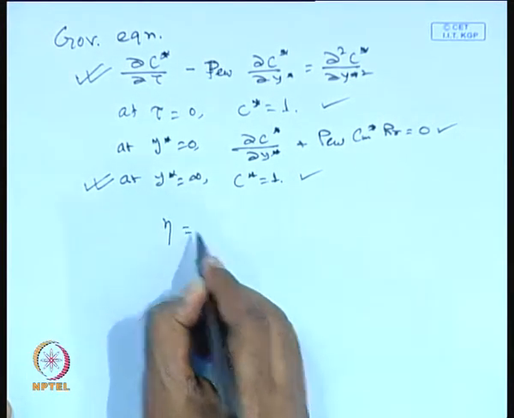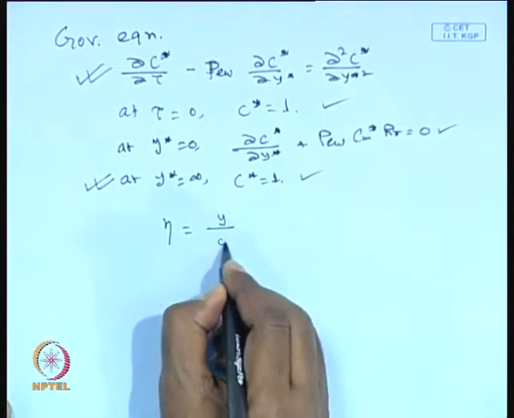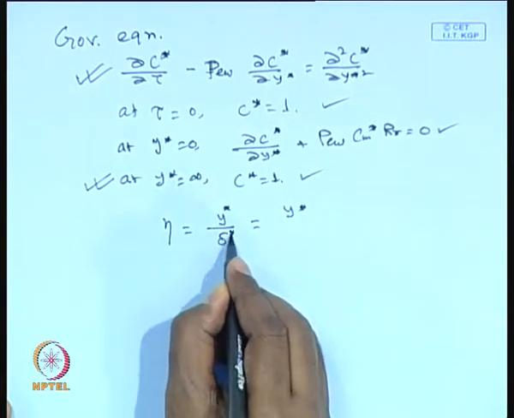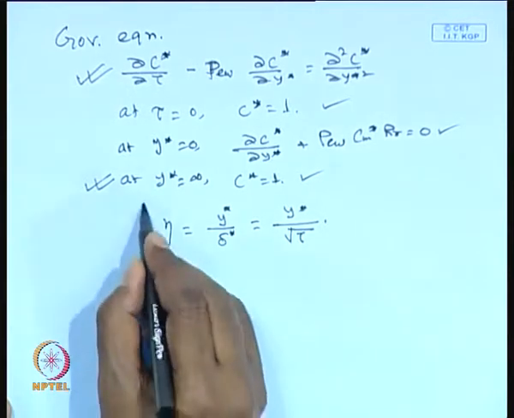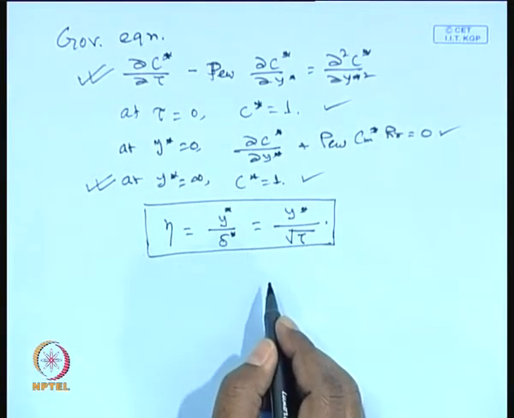We have analyzed the situation and found out the similarity parameter in this case as y by delta, which is nothing but y star made non-dimensional. So, it becomes y star by root over tau. Okay. So, this is the similarity parameter we derived in the last class. So, what is left now?